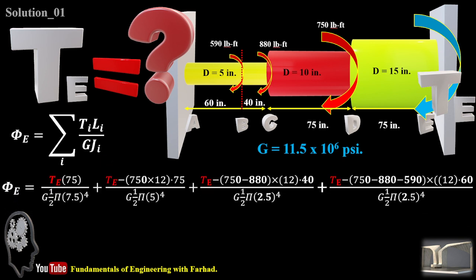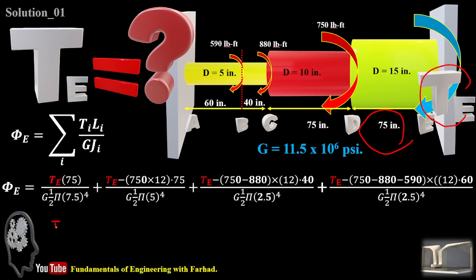For the first part, if you release the support here and apply TE, and travel from right to left of the structure, you can see that for this piece of length you're only experiencing TE.